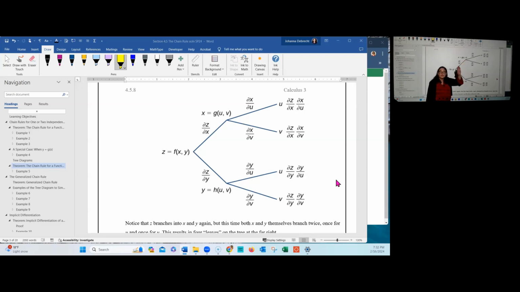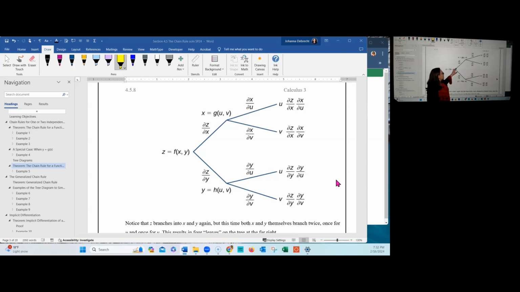x itself is a function of two variables. So again, we branch coming off the node labeled x. We have one branch up for u and a lower branch down for v. Because there are two branches leaving the x node, they'll both be partials, the partial of x with respect to u, the partial of x with respect to v.